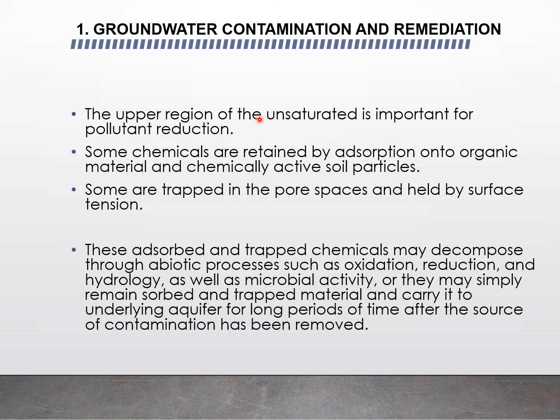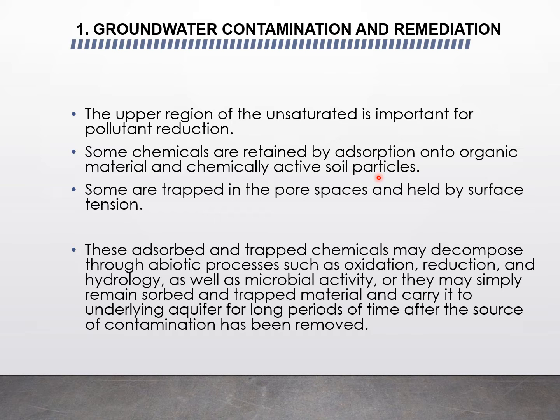The upper region of the unsaturated zone is important for pollution reduction. Some chemicals are retained by absorption onto organic material and chemically active soil particles. That is why the soil media can retain the contaminants.